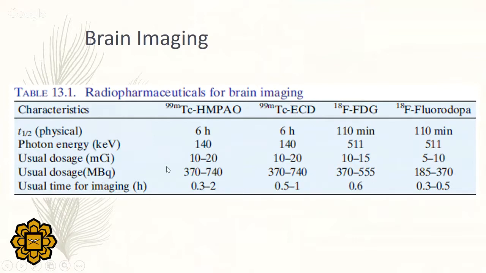We look at the HMPAO, and the physical half-life is about 6 hours. This is due to the technetium. Same with the ECD, 6 hours. The photon energy is similar, and also the usual dosage. But the usual time for imaging differs, because the half-life, photon energy, and dosage depend on the type of radionuclide used to label the drugs, while the time for imaging depends on the molecule, the drug.